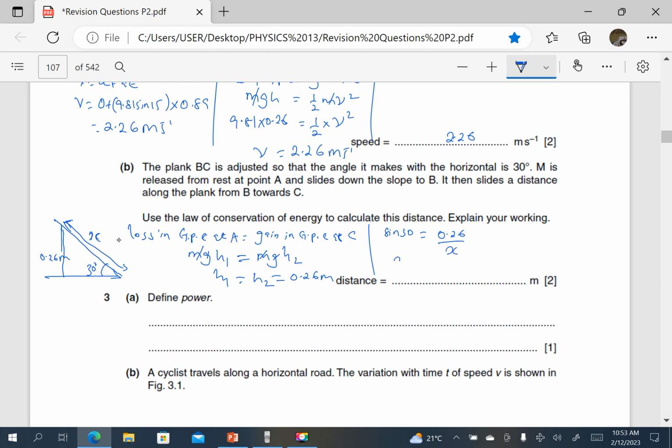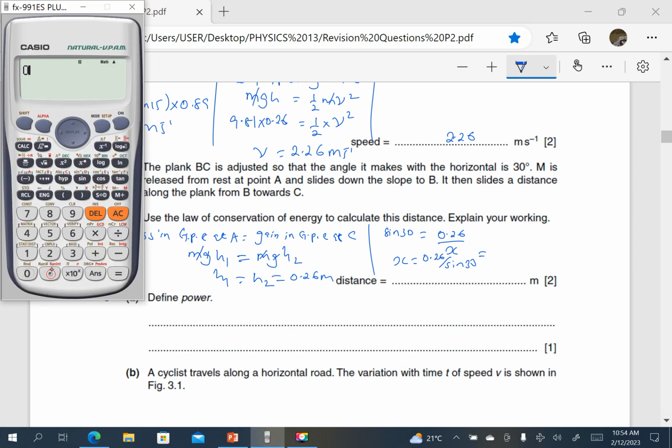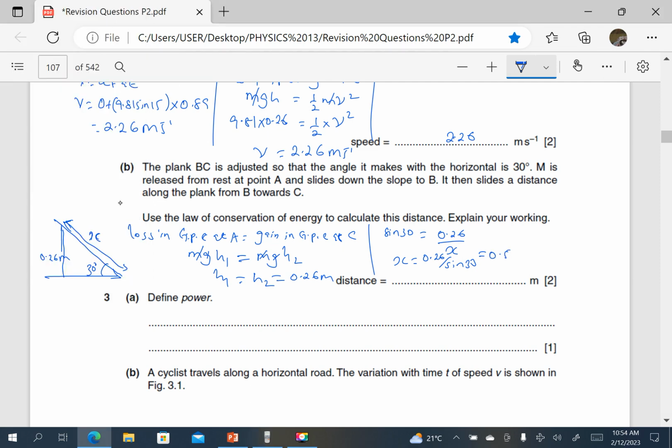So it means x is equal to 0.26 divided by sine of 30, that is 0.52. So x is 0.52.